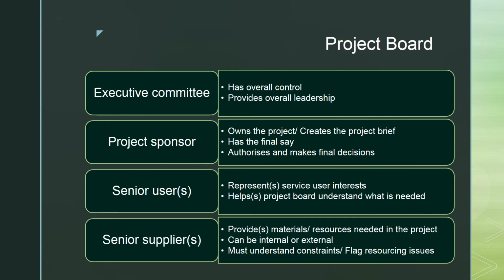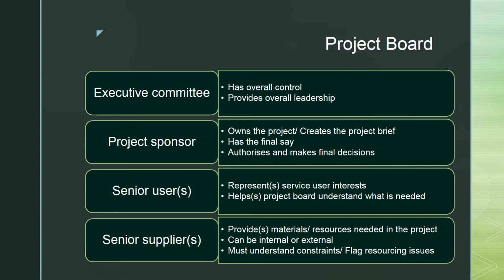And then last but not least, you have the senior supplier or senior suppliers. The senior supplier provides materials or resources needed for the project. These can either be internal or external. And one of the expectations is that the senior supplier or suppliers must understand the constraints. What are likely to be the issues insofar as the supplies of the materials?